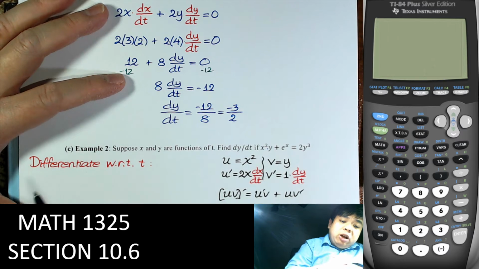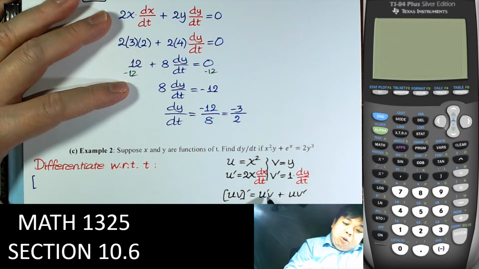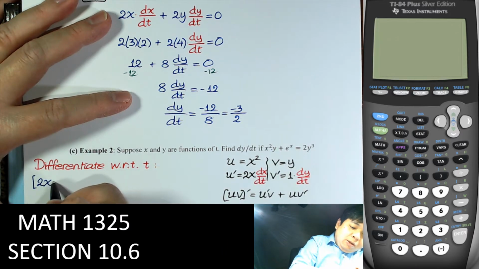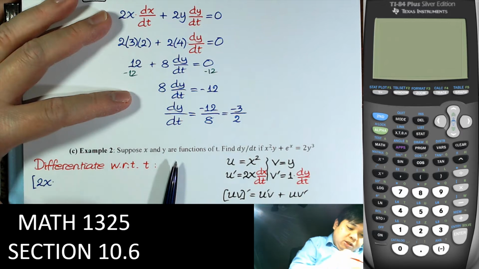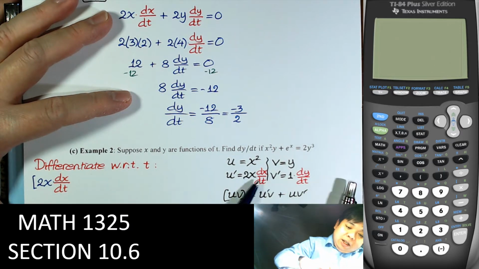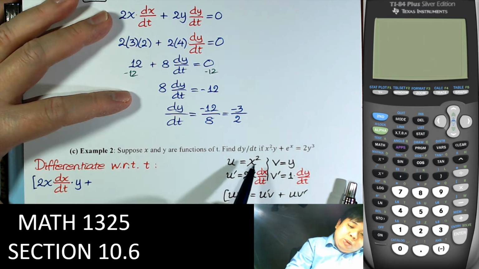Right, so put everything together. First, the product rule, u prime v, so 2x, still just dx over dt, so u prime v, plus u v prime.